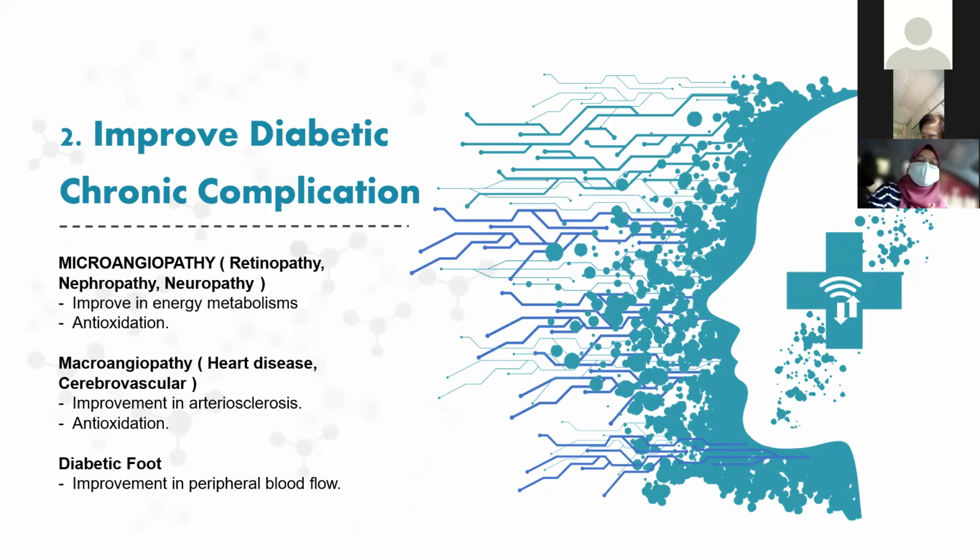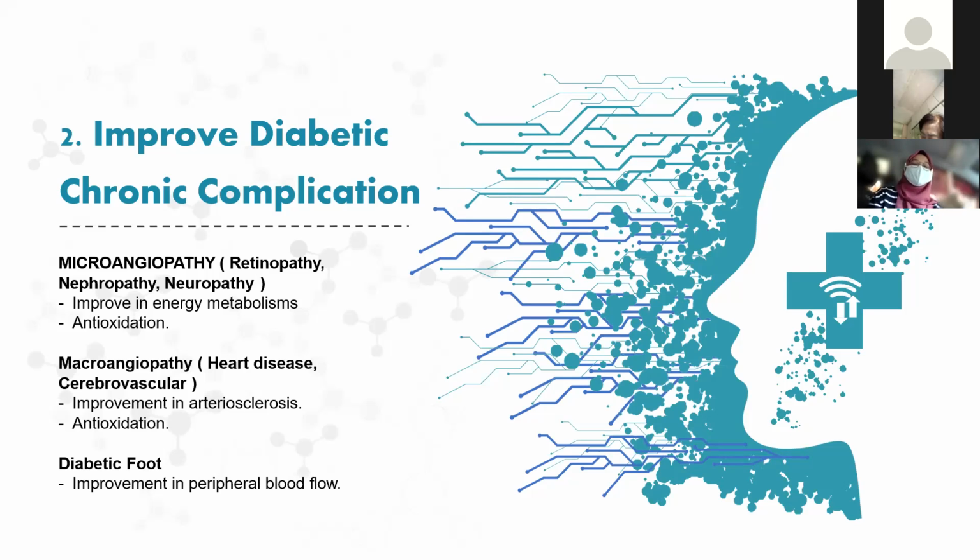For micro, usually some of the diabetes patients cannot see very well because the eyesight is very low. When you use this treatment, it will improve energy metabolism and also antioxidation.